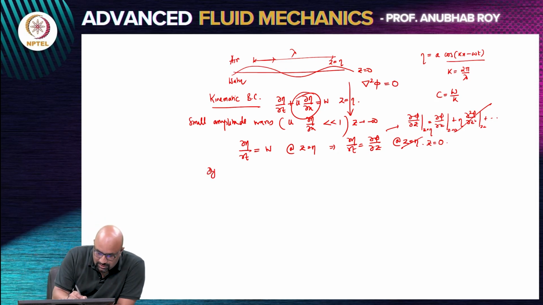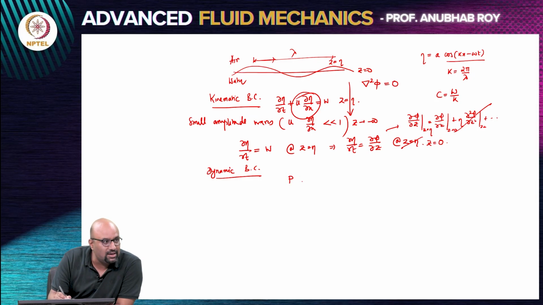Dynamic boundary condition. The dynamic boundary condition basically gives us that the pressure at the interface is equal to whatever is the imposed pressure from the atmosphere, right. So that reference pressure or the datum pressure, just to keep things simple, I will assume to be 0.